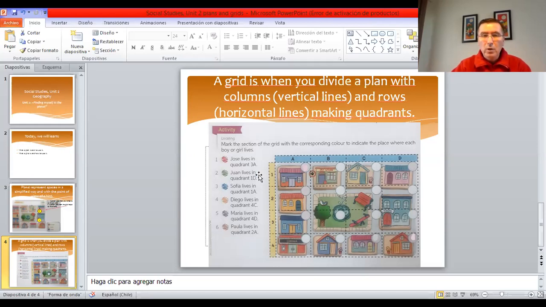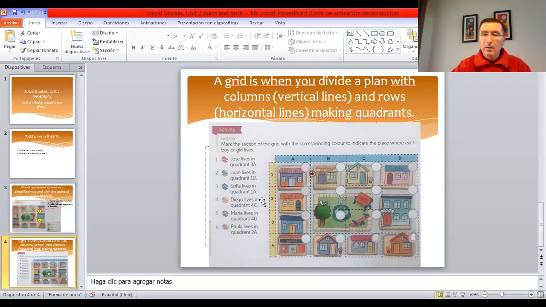Okay, so then you continue with Juan, Sofía, Diego, Maria, and Paula. And remember, all of them have different quadrants.